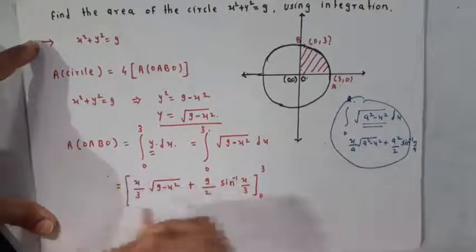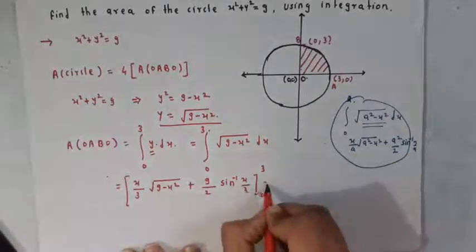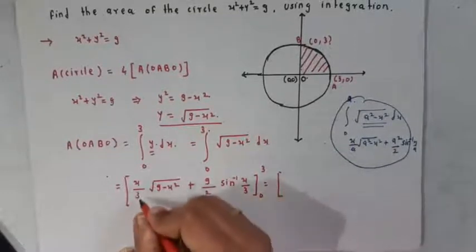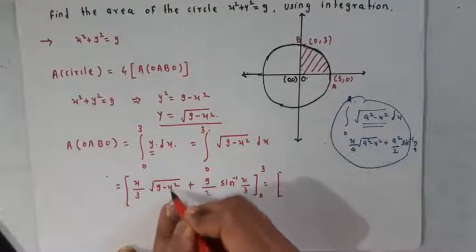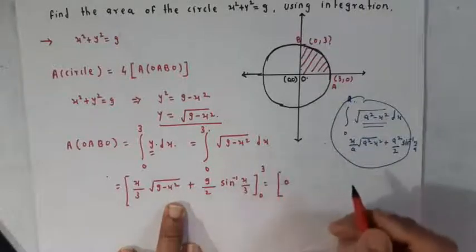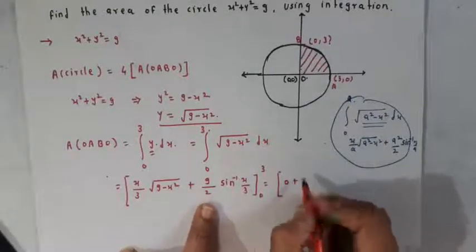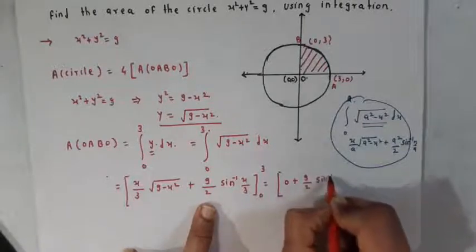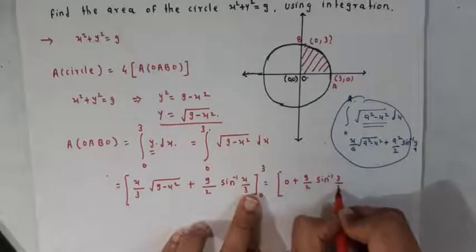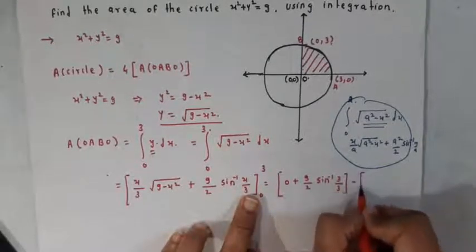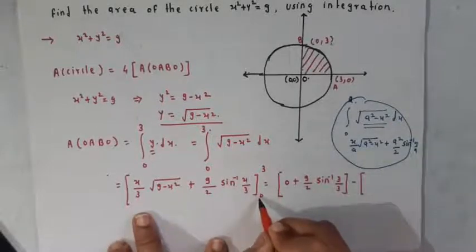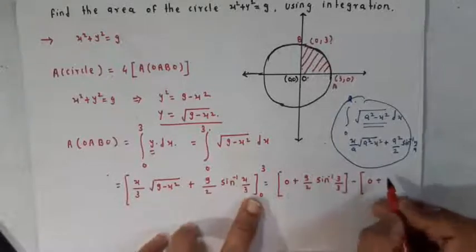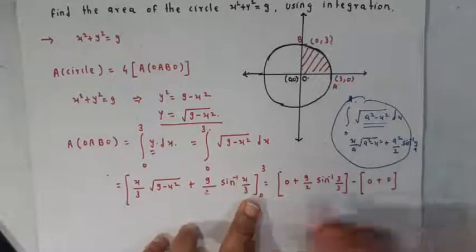So put the upper limit and lower limit. Upper limit is 3, and 9 minus 3 square is 0. So the first term will be 0 plus 9 by 2 sine inverse of 3 upon 3, minus, now put the lower limit, x equal to 0, plus 9 by 2 sine inverse of 0, which is 0.